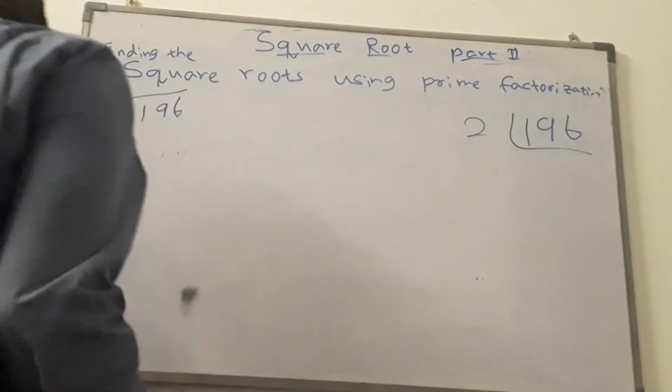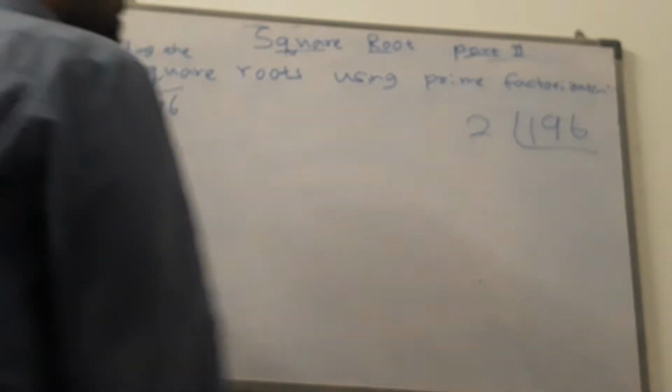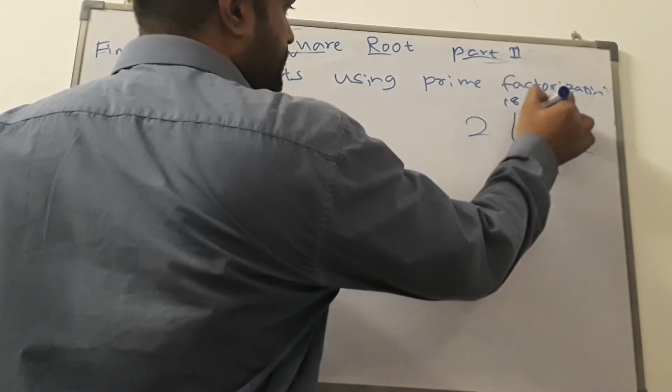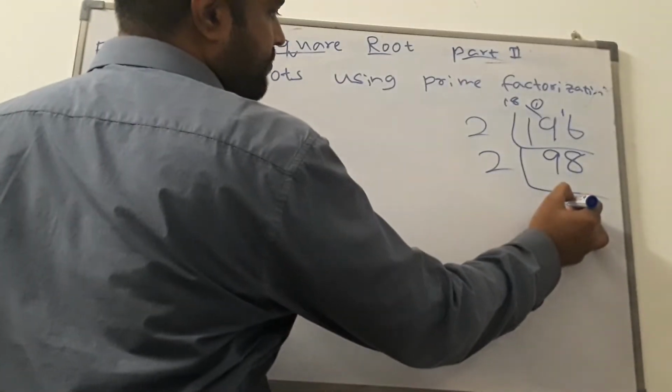First by 2. 2 is the least prime factor. 196 divided by 2 is 98. Same as here, we can divide by 2.